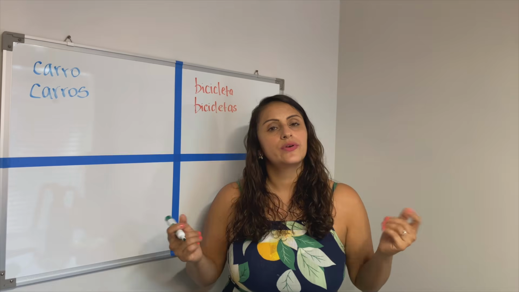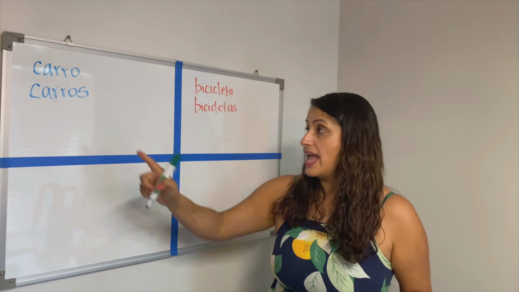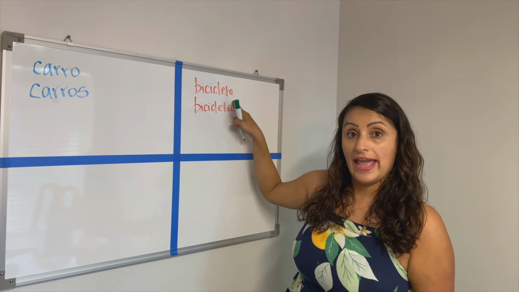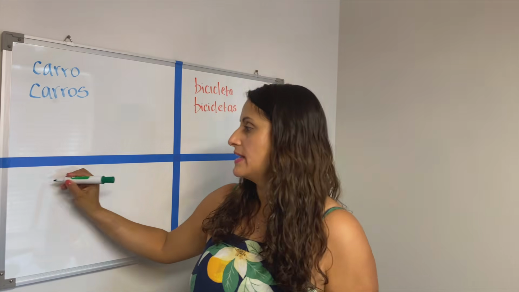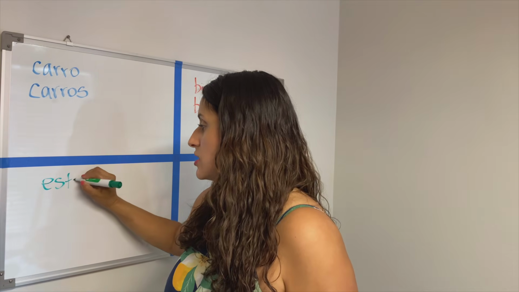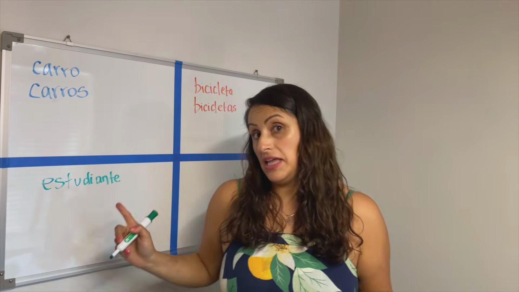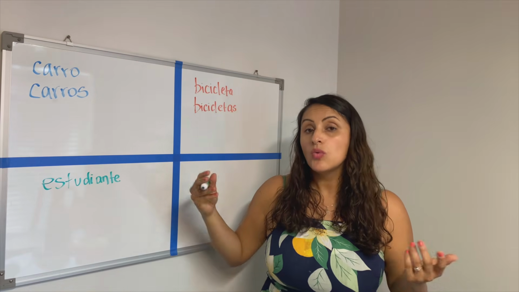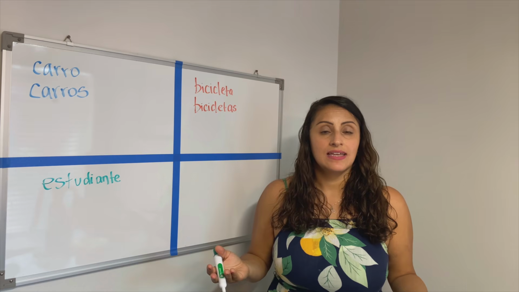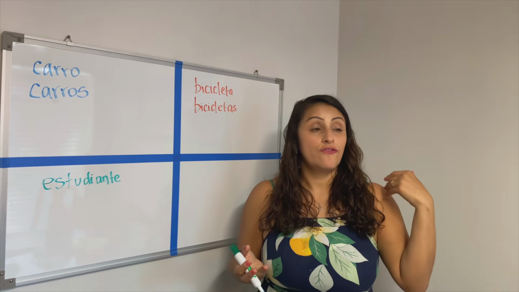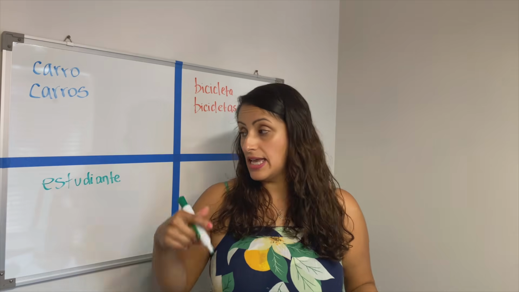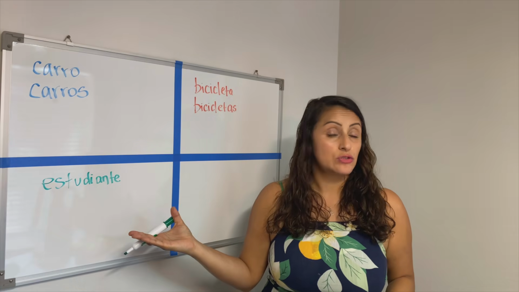So what do we do if we have a noun that does not end in an O or an A? For example, the noun estudiante. It ends in an E. Well, estudiante is going to be used for a female student and is going to be used for a male student.